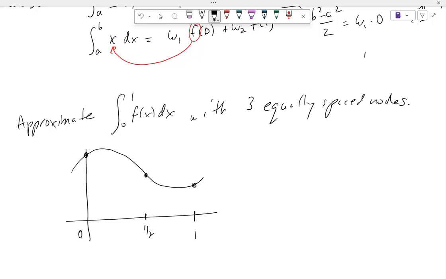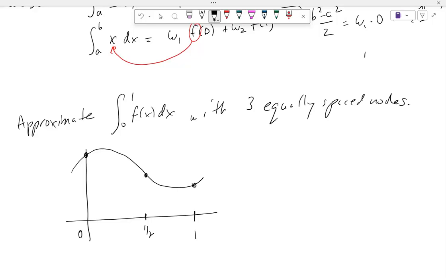Motivated in the same way that we were motivated before, I have 3 points. What's the highest degree polynomial that we can use to interpolate 3 points? 2. Okay, so motivated the same way we were before, we're going to make sure that our quadrature rule integrates all constants, all linears, and all quadratics exactly.